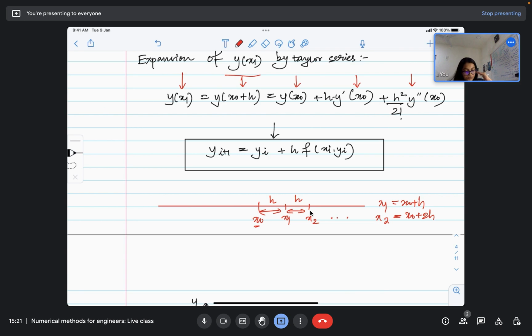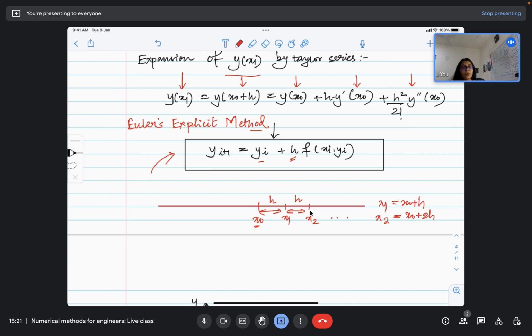Now when we take the linear terms and omit the higher order terms, we finally come down to an expression which is known as Euler's explicit method, and the expression is written as y_{i+1} equal to y_i plus h times the slope at x_i and y_i.